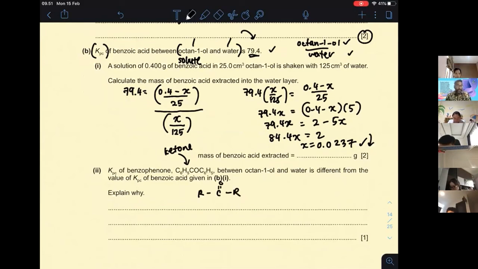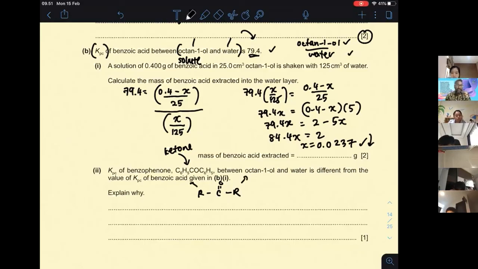It's a ketone. Now ketone, I just want to ask you, Victoria, is it polar or non-polar? Polar. Ketone, is it actually polar or non-polar? Most of the time it depends on what you have over here.